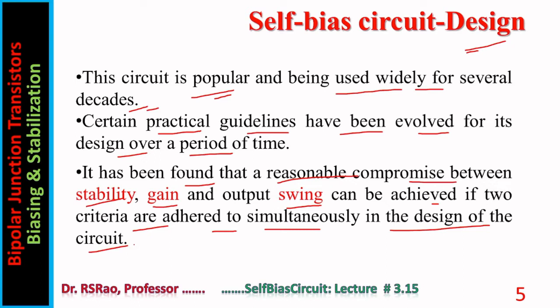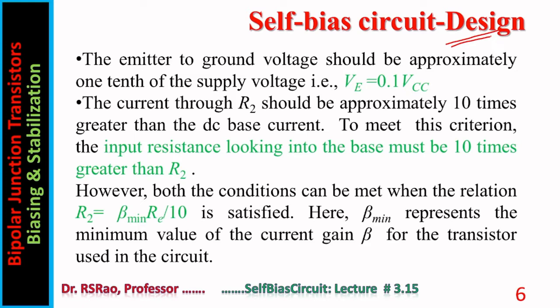Several aspects have to be taken into account, and sometimes we need to compromise in one aspect to get benefit on some other aspect. As far as this circuit is concerned, stability, gain, output swing, these are important aspects normally considered while designing the circuit. Some more aspects regarding design.